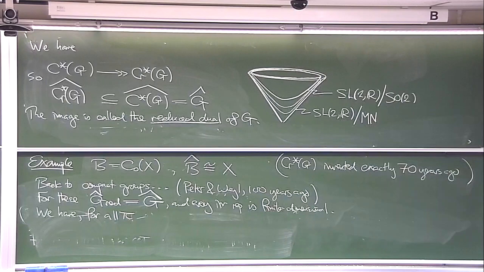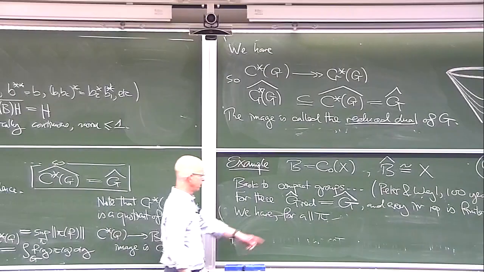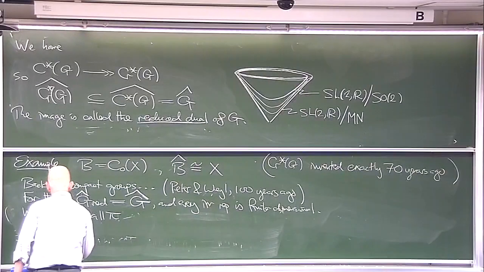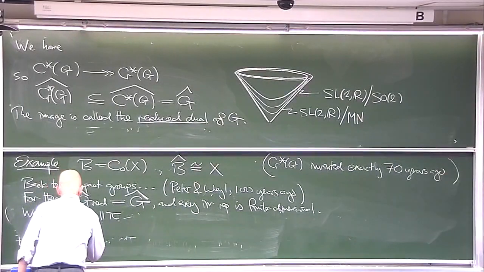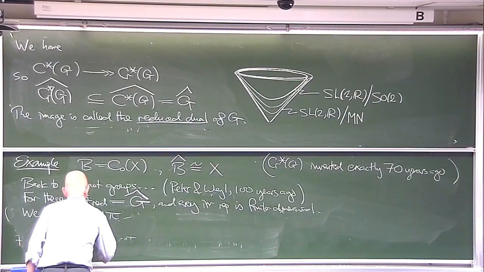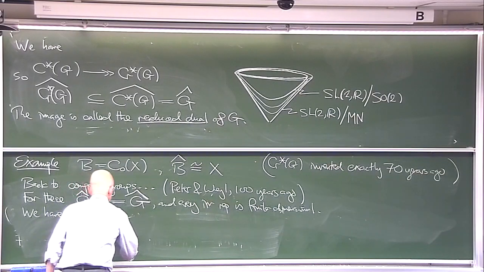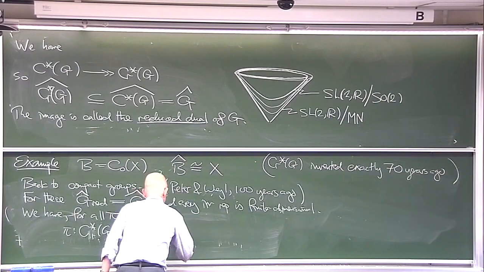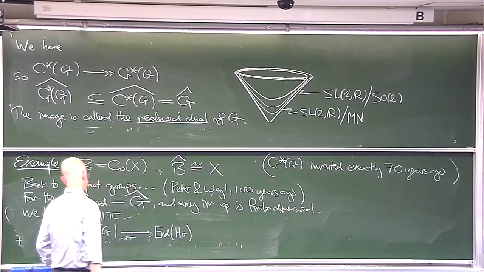If I have an irreducible finite dimensional representation of G, then since the reduced dual and the full dual are the same, it corresponds to a representation of the reduced C-star algebra. Now, as bounded operators on, I'm just going to write endomorphisms on this finite dimensional Hilbert space.